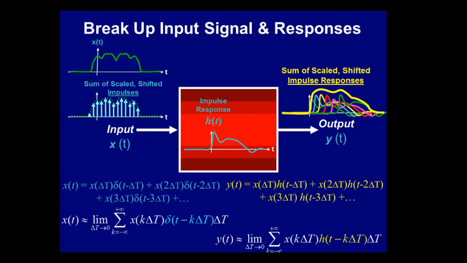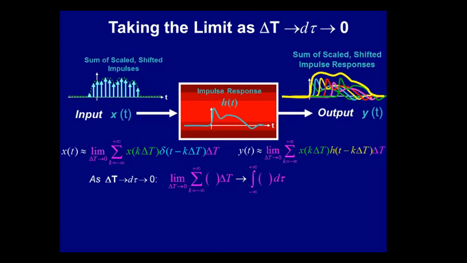There's the bell. Let's get to the punchline. Here's the last mathematical trick. As delta t goes to 0, delta t becomes a differential d tau. This limit of a sum times delta t goes to an integral d tau. The summation becomes an integral, becomes a continuous function. This spacing between delta functions, k delta t, becomes a continuous variable, call it tau or lambda.